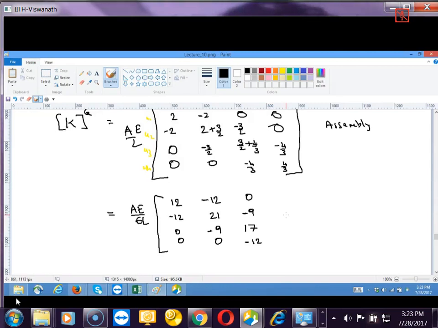Let me see, did I make anything wrong? This is 12, is 12 plus 8. Okay, let me just check.